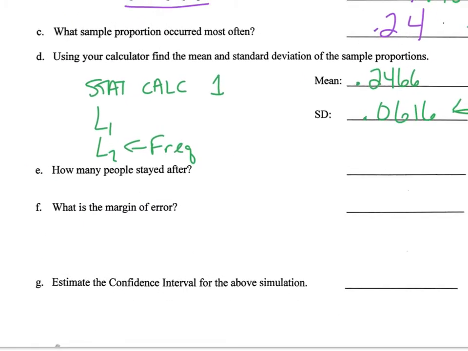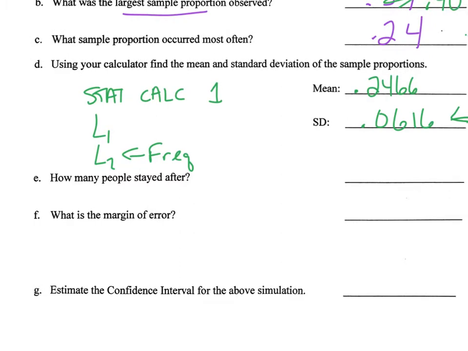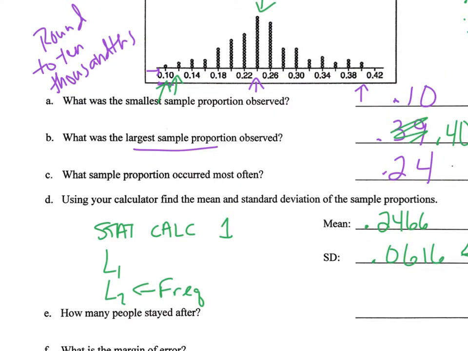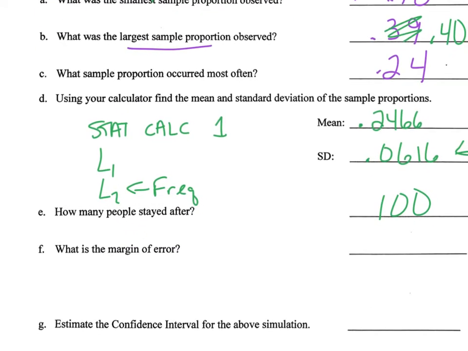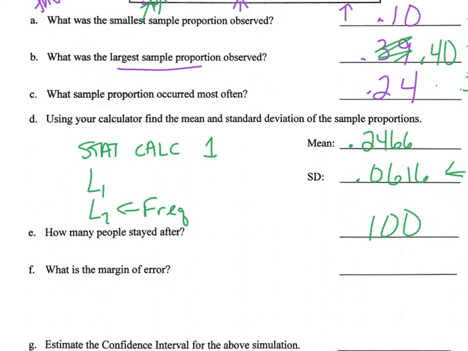So how many people stayed after? Well, that's just how many dots there are up here, and when I did it, I counted 100. What is the margin of error? Well, there's a few ways we could do the margin of error, but the easiest route would be 2 times the standard deviation.